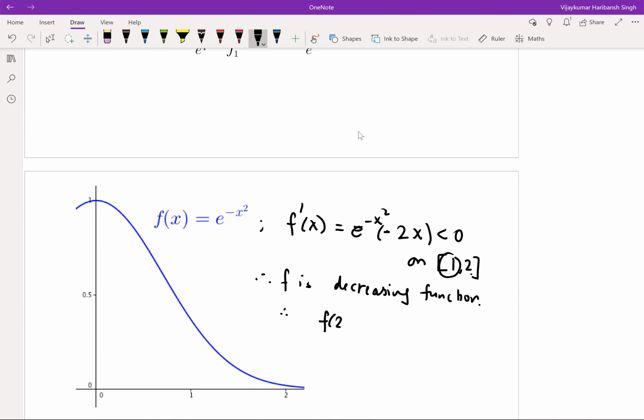So f of 2 is going to be less than or equal to f of x, and that is going to be less than or equal to f of 1 for all x in [1, 2]. Right? Because it's a decreasing function, so the smallest value is at the end here, and the largest value is at the starting point, which is 1.